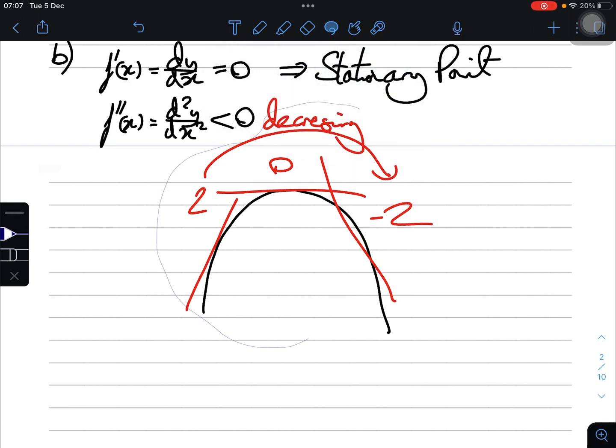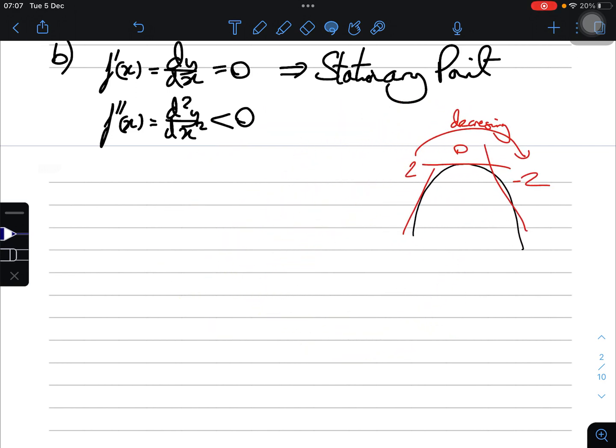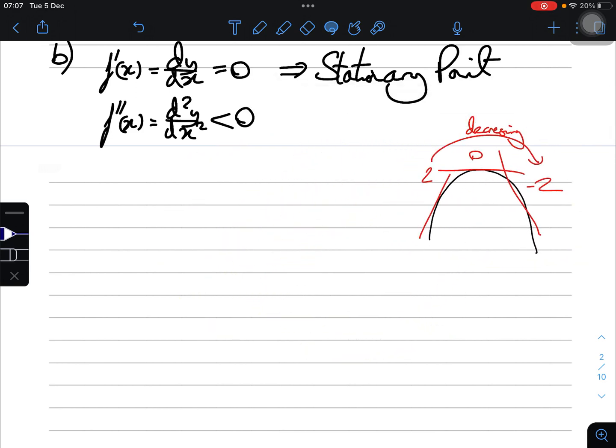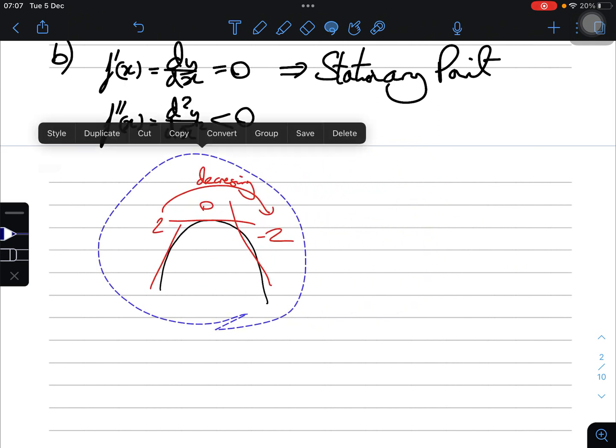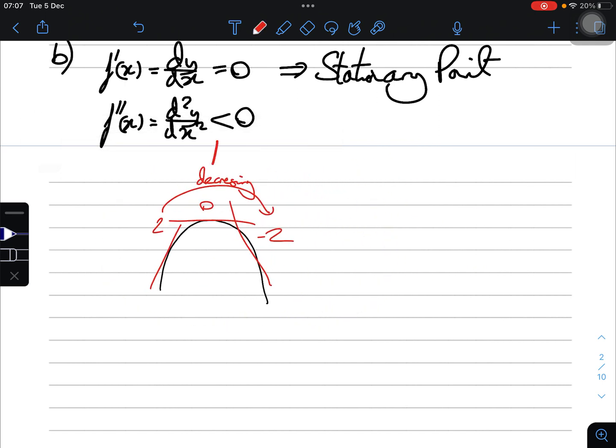So let's put this as a side note somewhere. Because our whole gradient is decreasing, what we really want is our second order differential to be less than 0. Which is interesting. Maximum point means your second order differential is less than 0, minimum point is greater than 0. So that would imply that it is a maximum point.